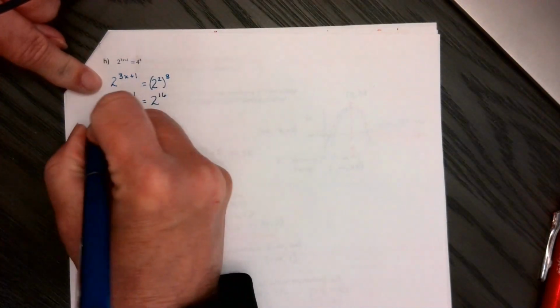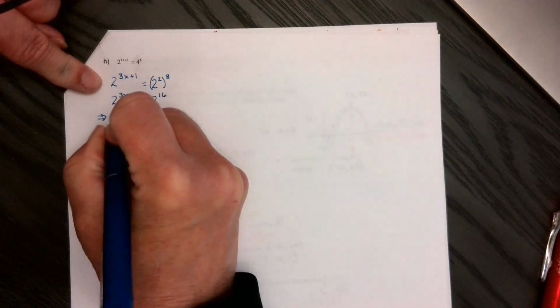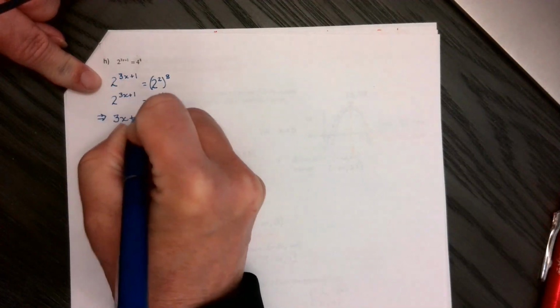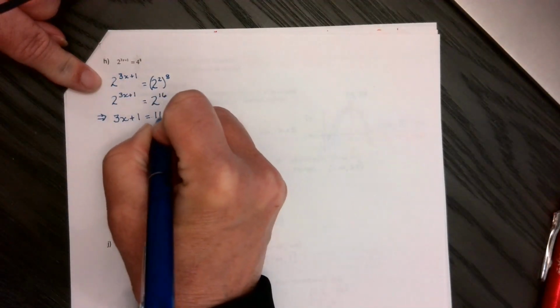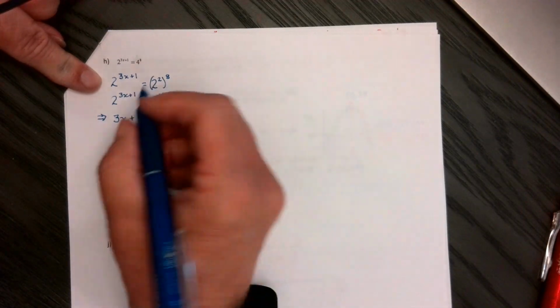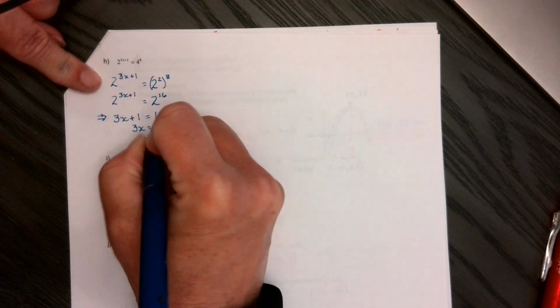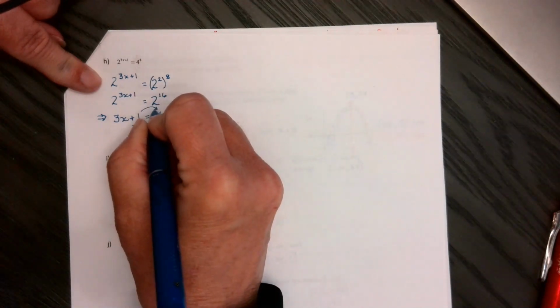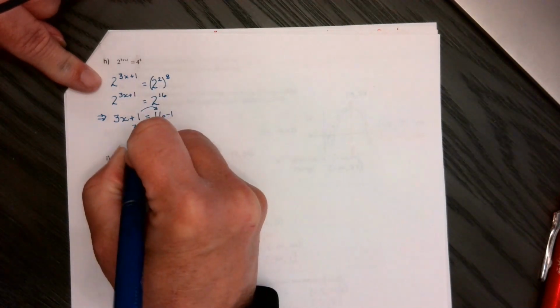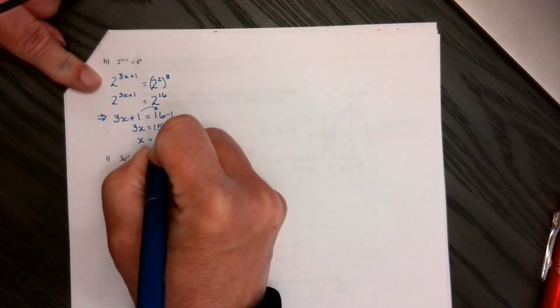So this implies that we can take 3x plus 1 and set it equal to 16. So I'm going to subtract the 1. You get 3x equals 15, because again I'm taking the 1 over here, so I subtract it. Divide by 3, and I get x equals 5.